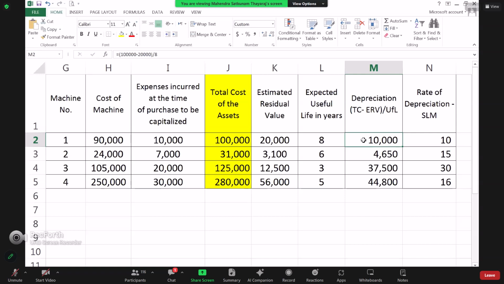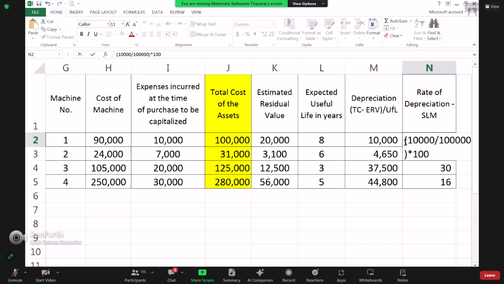So how do we calculate the rate of depreciation? The depreciation is 10,000 divided by 100,000 multiplied by 100, because the depreciation for the machinery for the particular year is 10,000 and the total cost is 100,000.